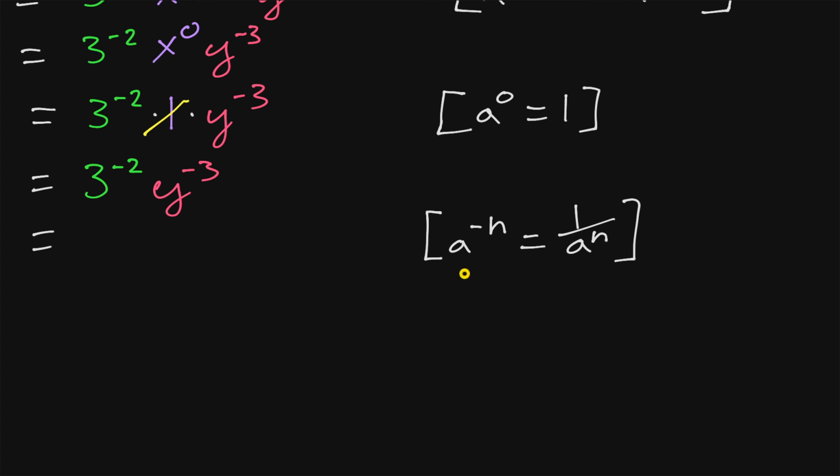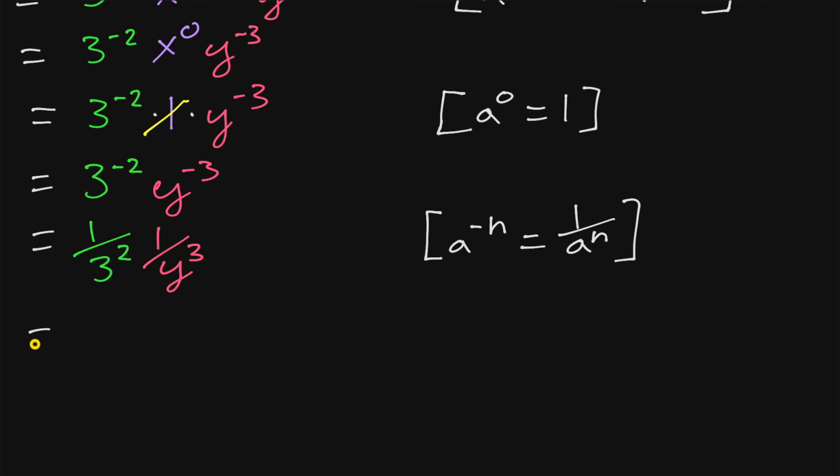So we can apply this to get rid of these negative exponents. We can apply it directly to the first factor, and then to the second factor. So what we're going to end up with is 1 over 3 to the power of 2 times 1 over y to the power of 3.